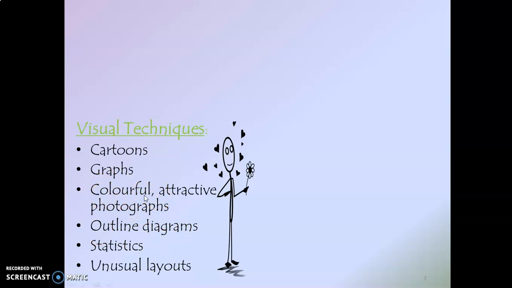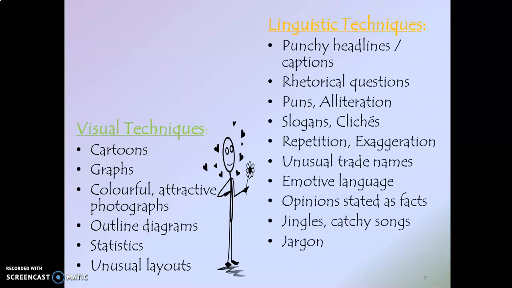The other technique used to keep your interest is linguistic. So that's punch headlines, captions, rhetorical questions, puns, alliterations, slogans, cliches, repetition or exaggerations, unusual names, emotive language. Here we see that word again.